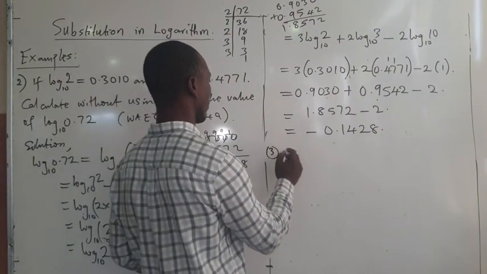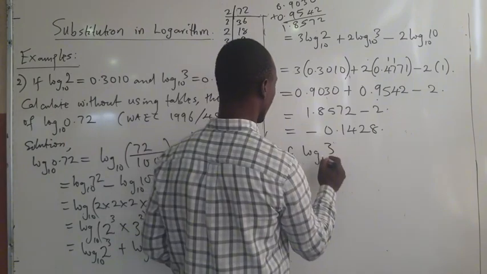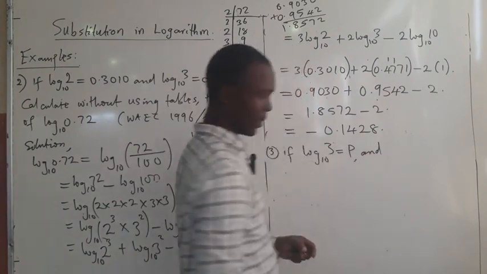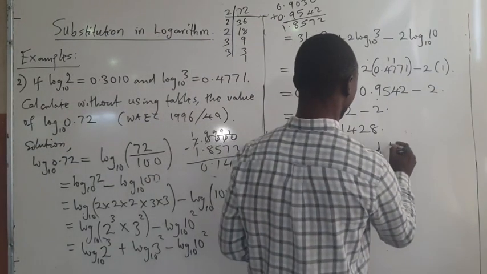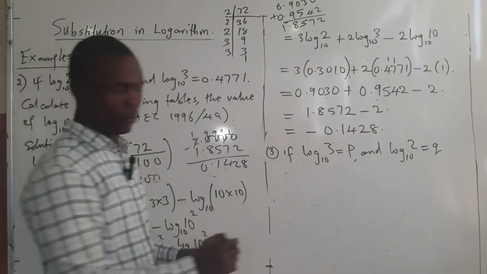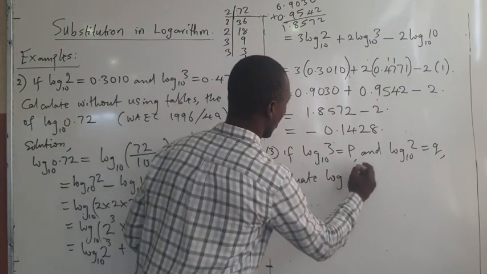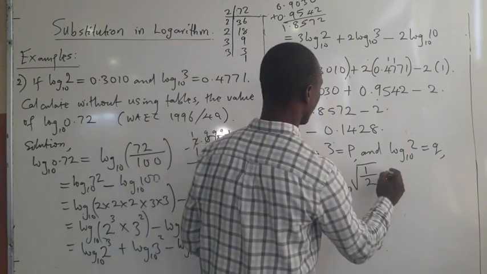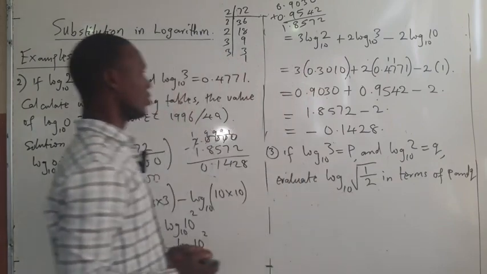If log 3 base 10 equals P and log 2 base 10 equals Q, then evaluate log square root of 1 over 2 base 10 in terms of P and Q. So look at question 3.